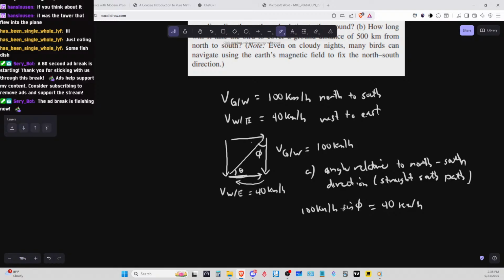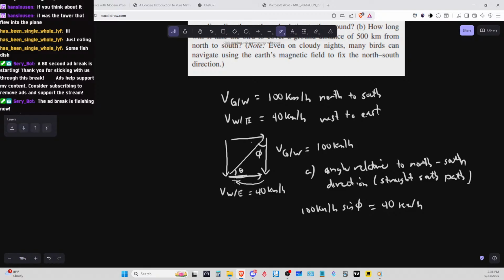We want this to kind of cancel this one out in some way, and the only way to do that is to change the direction of the X component here, if that makes any sense.